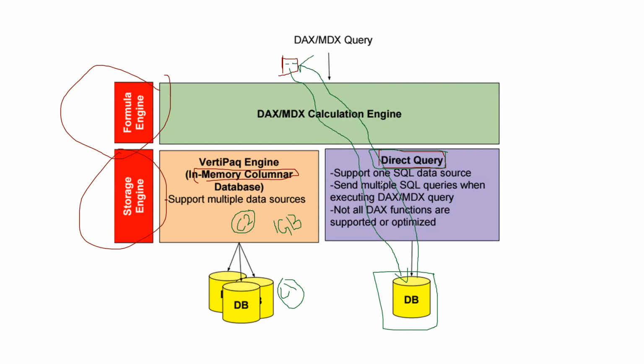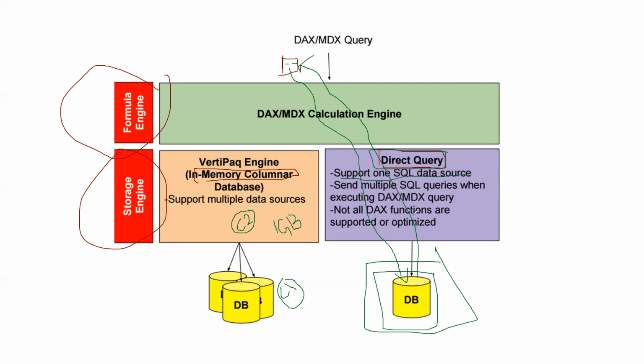That's the reason the direct query mode reports could be slightly slow because of this latency. If there is internet latency, or if this server is slow, then reports on the front end side could be slow. And you could see it supports one data source.